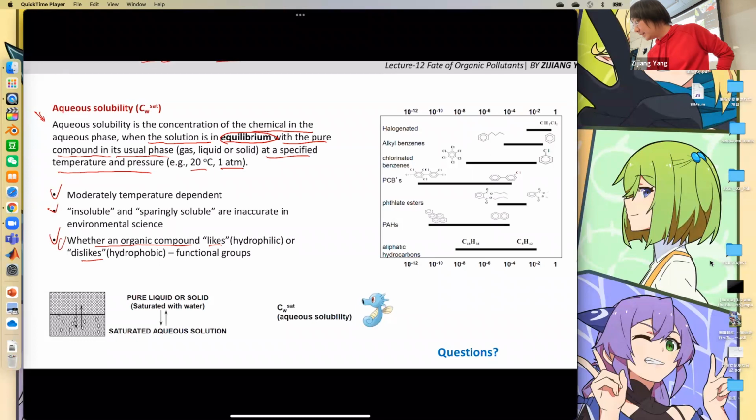This property is strongly determined by its functional groups. If a chemical has functional groups such as a hydroxyl group, carboxyl group, or amine group, we would expect it to have relatively high solubility. So in summary, aqueous solubility describes the ability of a chemical to stay in the water.